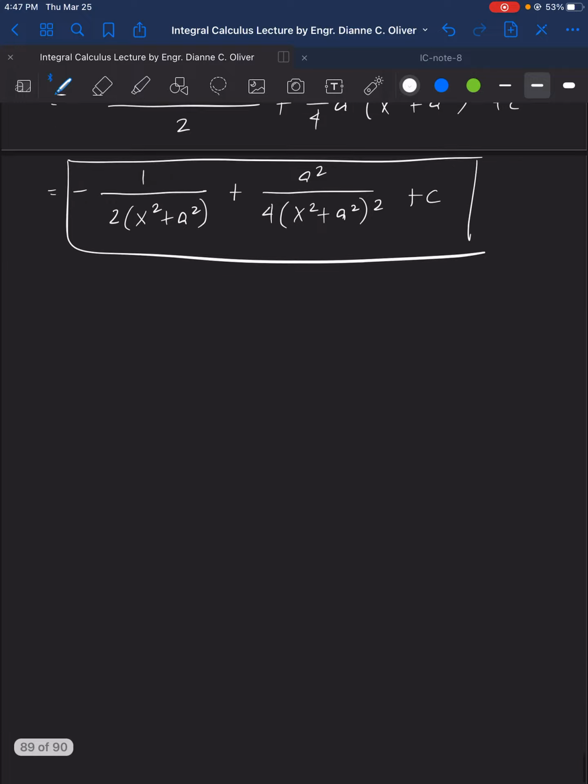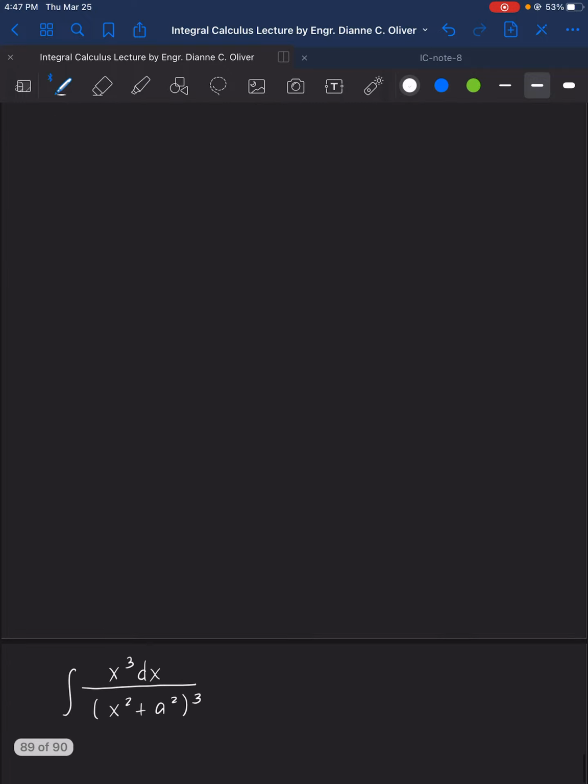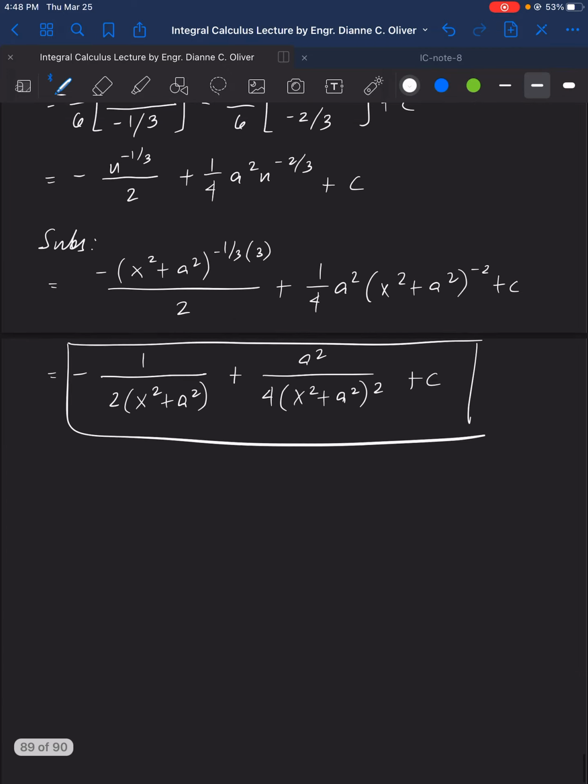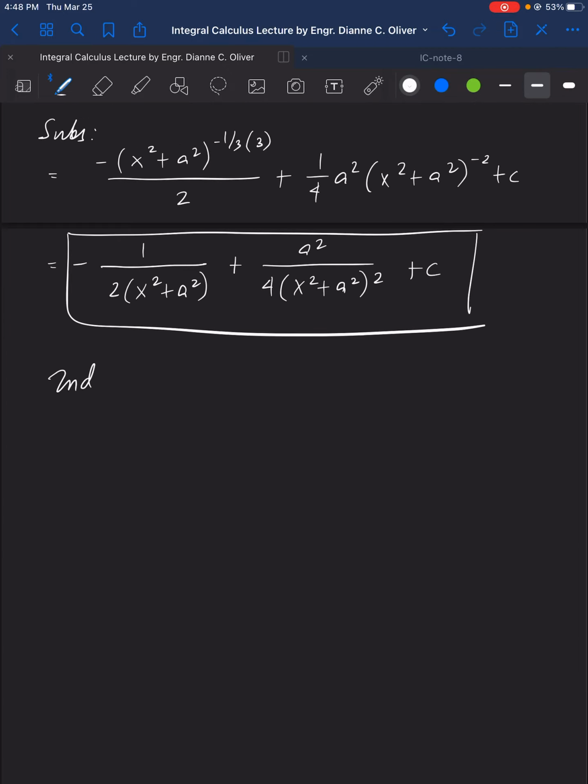Now how about the second solution? For the second solution, let's write it x raised to 3 dx all over x squared plus a squared raised to 3. I will let u be, what we mentioned a while ago is the more complicated one.